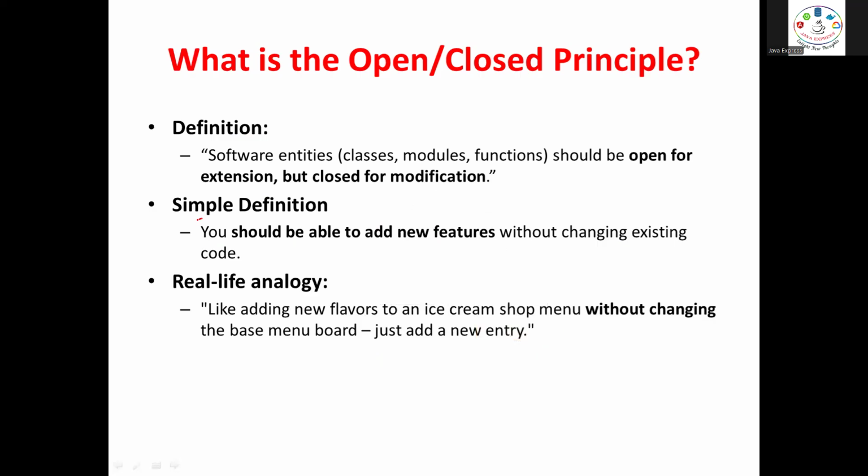That is the meaning of the open closed principle. Remember this point: SOLID means single responsibility, one reason should change your class. This O represents the open closed principle, open for extension, closed for modification. We should be able to add new changes without changing the existing code.